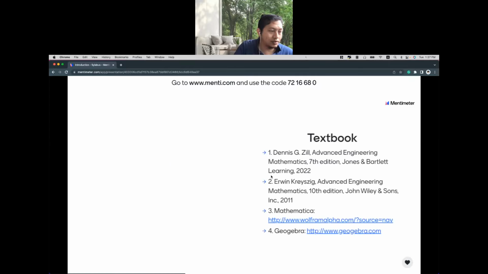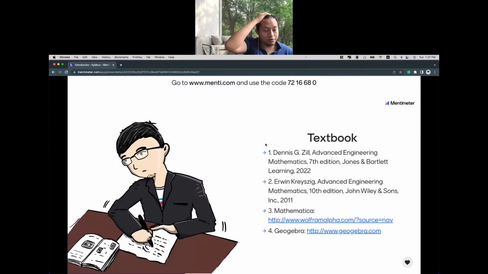Next is the syllabus and the textbook for our course. The first one is the primary textbook, Advanced Engineering Mathematics, by Dennis Zill. The second book is just an additional reference, with the same title but a different book and a different approach.